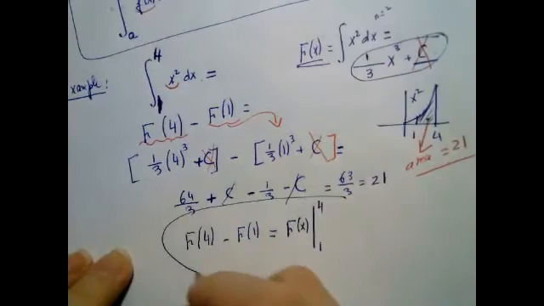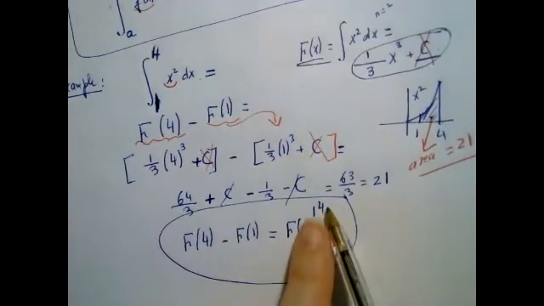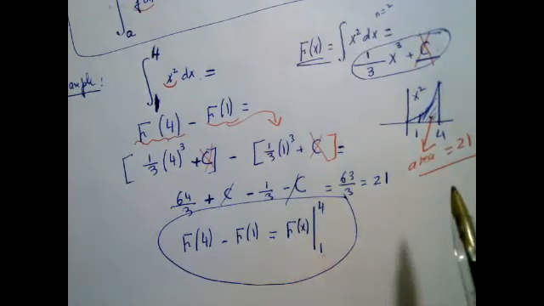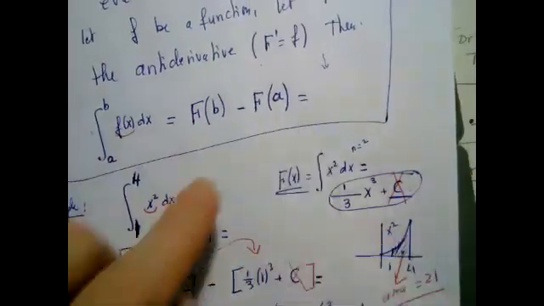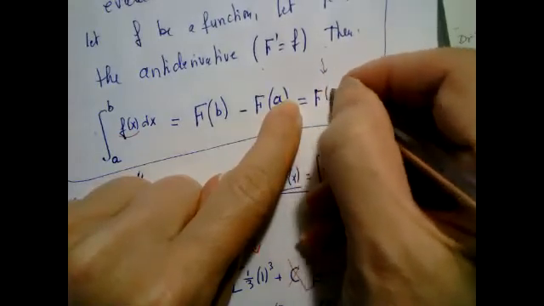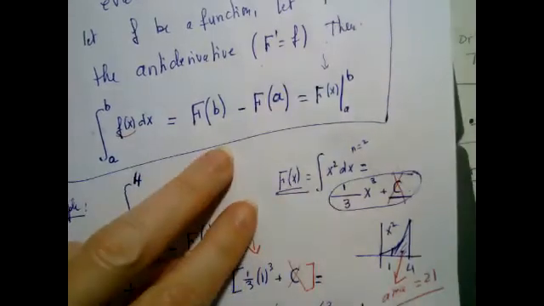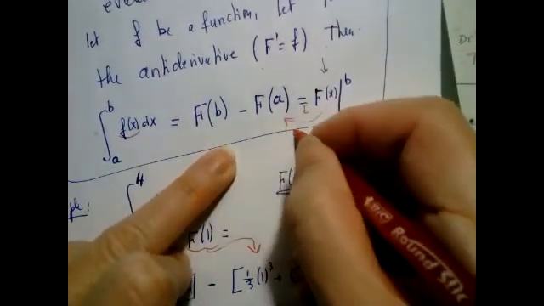So f of x slash 1 to 4 means f at 4 minus f at 1. So that's really a notation, no more, no less. So when I told you here to keep an empty spot, this is not equal, that's a notation right there. It's A to B, and that's a notation. From here to here, that's a notation.